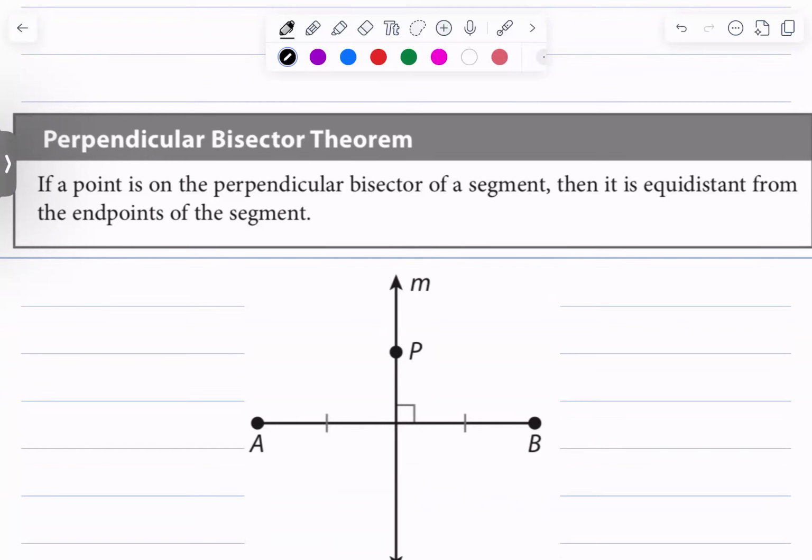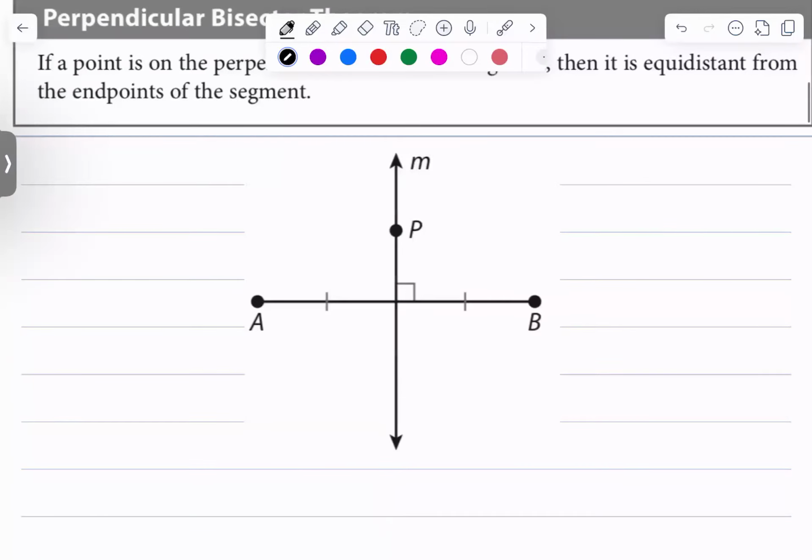So line M, the vertical line here, is the perpendicular bisector of segment AB. How we represent that is this 90-degree angle here, and that they are bisecting, which is the little tick marks.